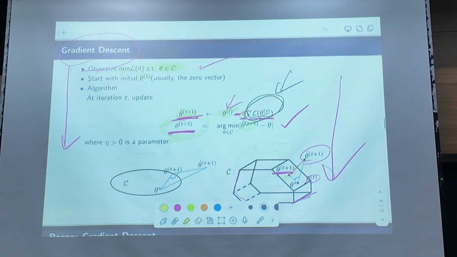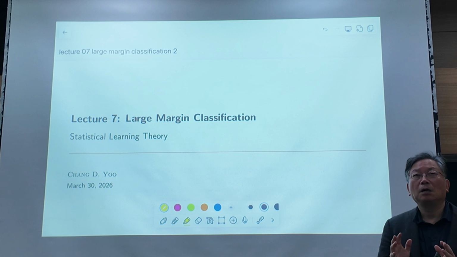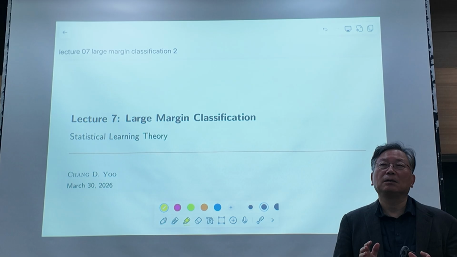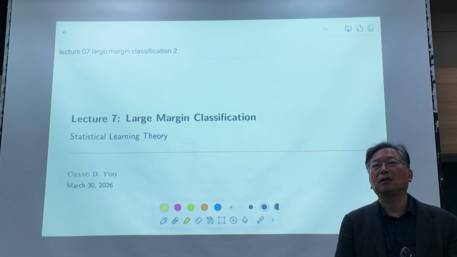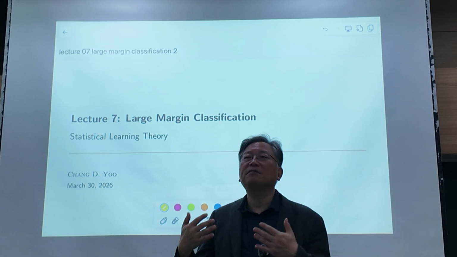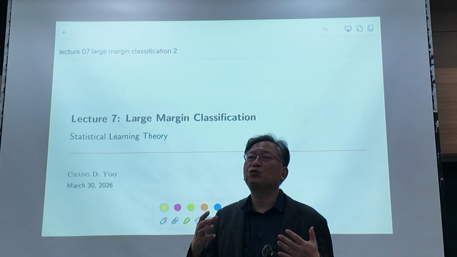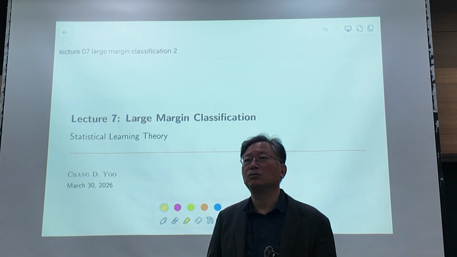And that ends my talk on large margin classification. So why are we trying to maximize the minimum geometric margin of the training data? Because that will reduce the confidence interval so that the training error and the test error are close.